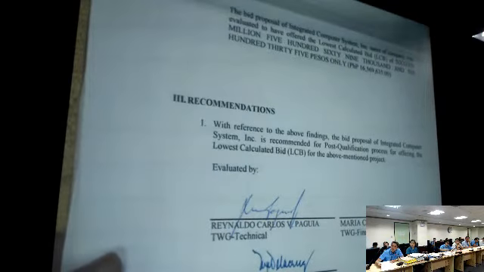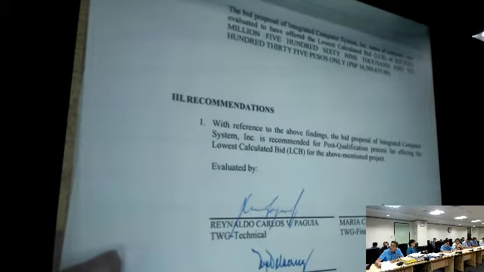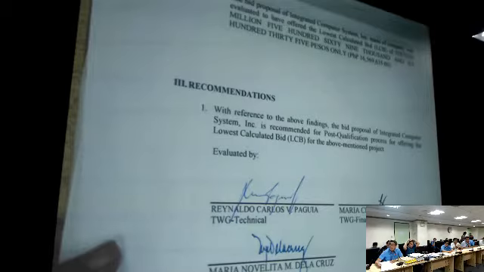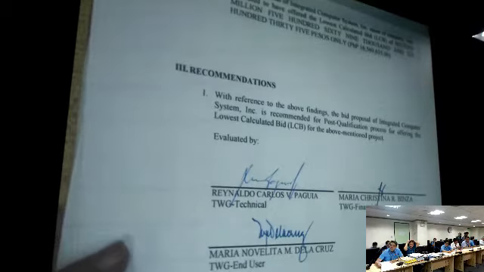So the bid proposal of integrated computer systems was evaluated to have offered the lowest calculated bid of 16,569,635 only. Therefore, sir, with reference to the above findings, the bid proposal of integrated computer systems incorporated is recommended for post-qualification process for offering the lowest calculated bid for the above-mentioned project.